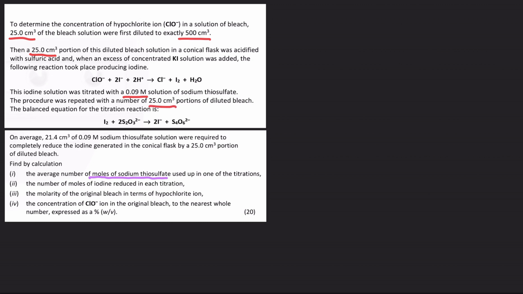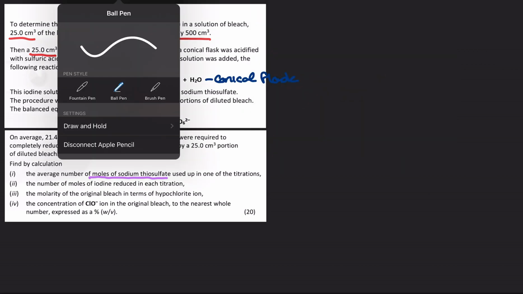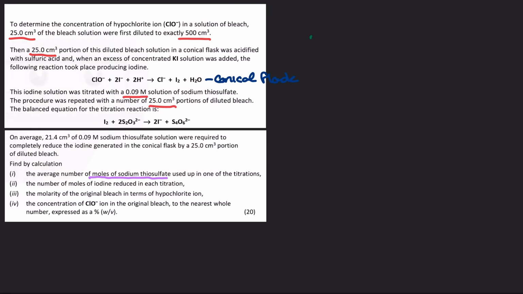Okay, so we have two equations here. The first equation is to do with the equation that takes place in the conical flask. Okay, so that's the first one.